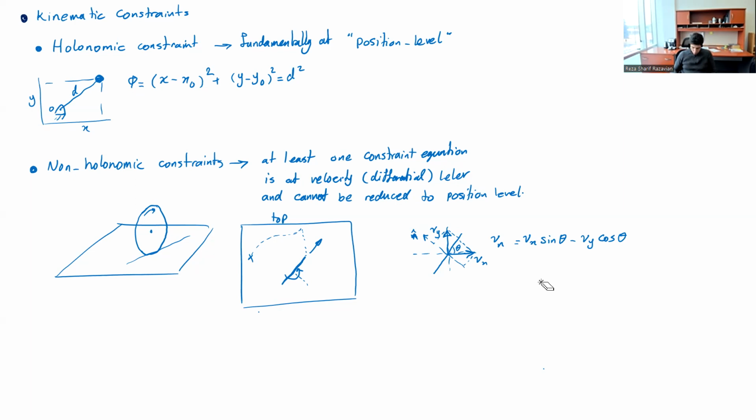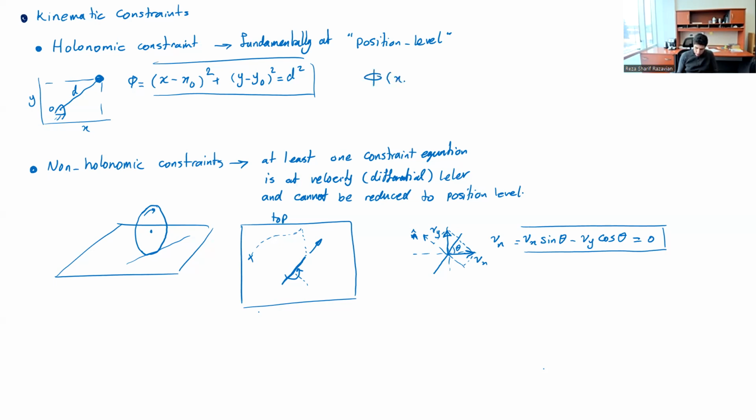The velocity in the normal direction is 0. So you can see now my constraint equation is at some velocity level rather than the position level that we had before. So usually, let me finish this up. The holonomic constraints, we can write them as a function, usually a nonlinear function of the position coordinates and possibly time equals 0.